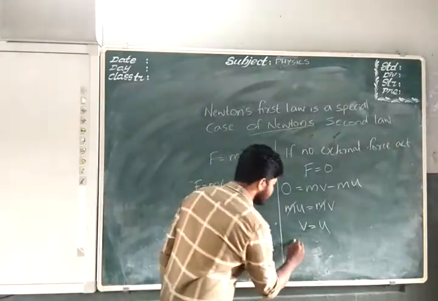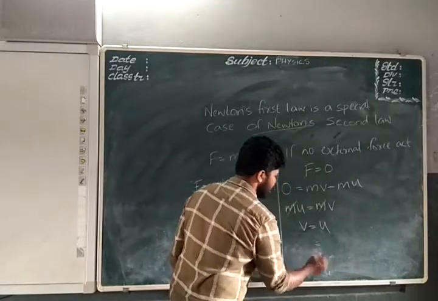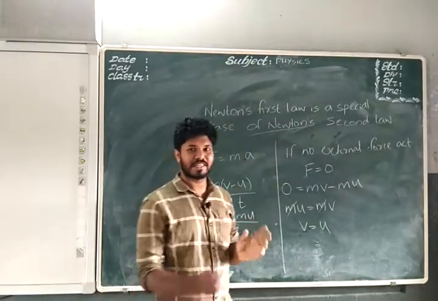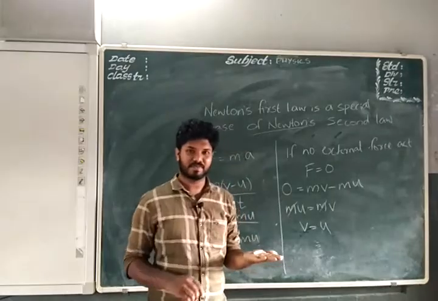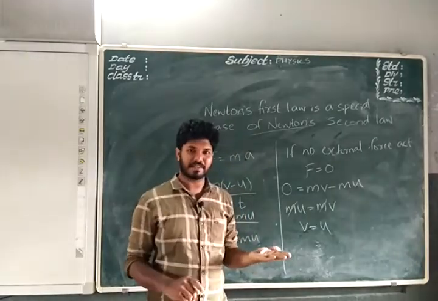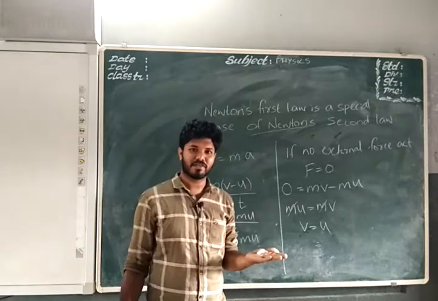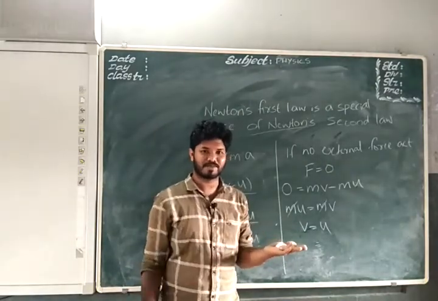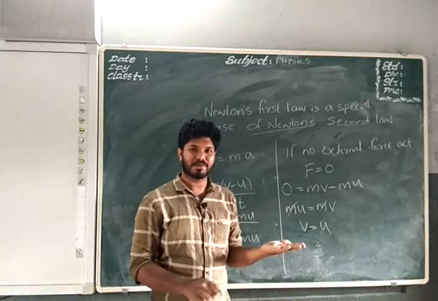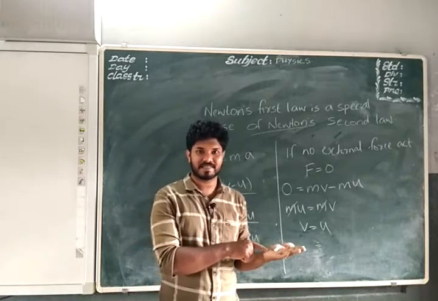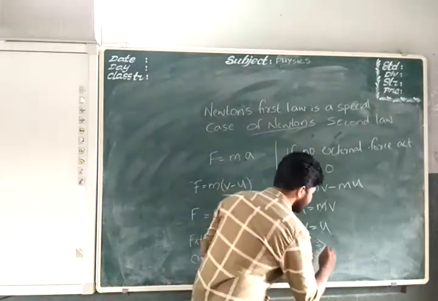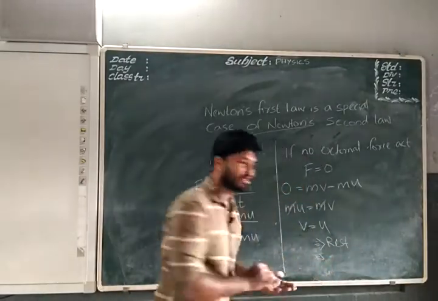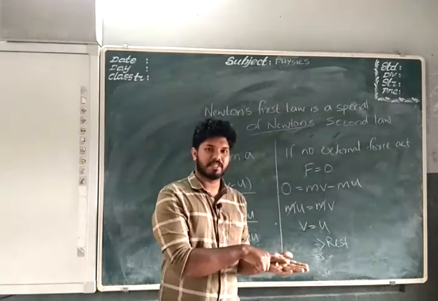This final velocity and initial velocity become similar in only two conditions. Which conditions? A chalk is here, and now its velocity is 0. Its initial velocity is 0. After 5 minutes, it's again here. Its final velocity is also 0. What is the condition of the chalk? The chalk is at rest, isn't it? Either the object is at rest or the chalk is moving at 5 meters per second.